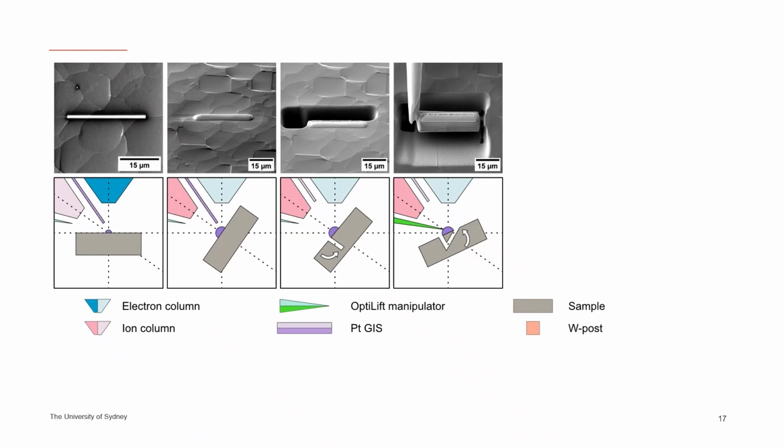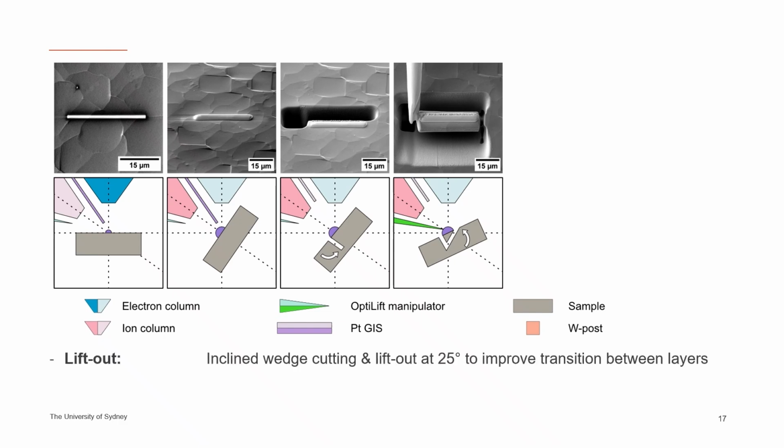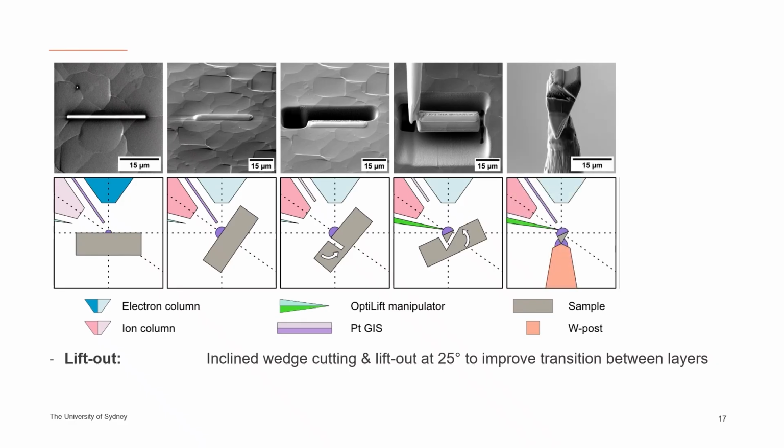This inclined wedge is then lifted out using the micromanipulator at a 25 degree stage tilt, as shown here. After this, the lift-out is segmented into a batch of specimens, producing several inclined wedges, as you can see in this micrograph.